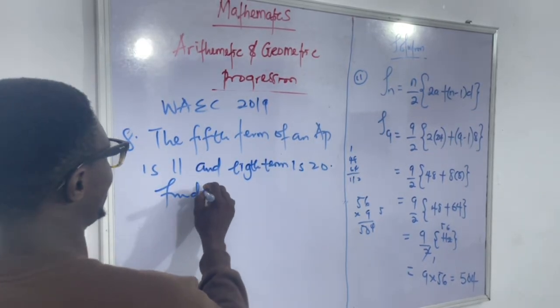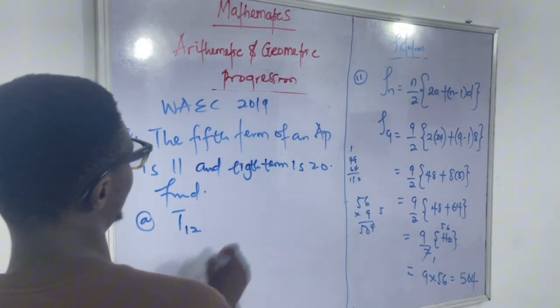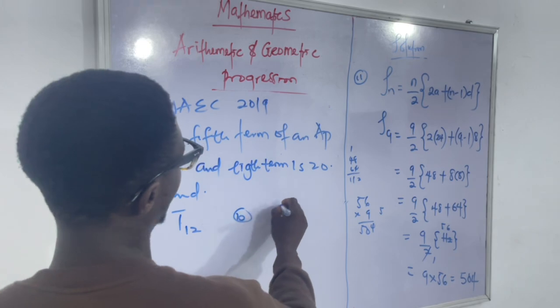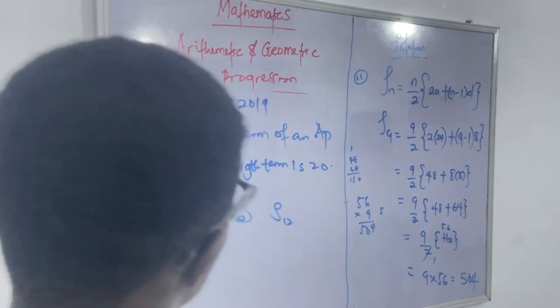We are told to find A, the 12th term, and B, the sum of the first 12 terms.